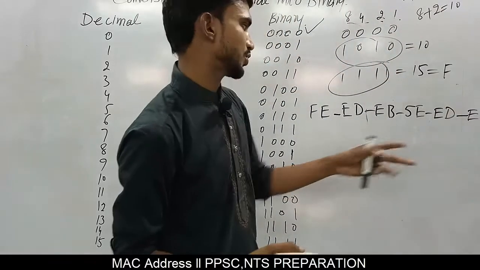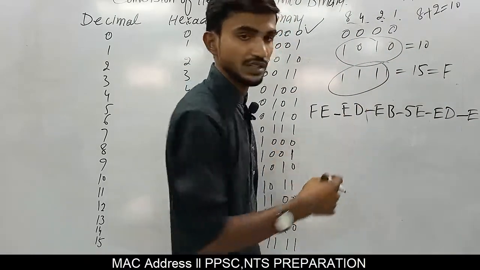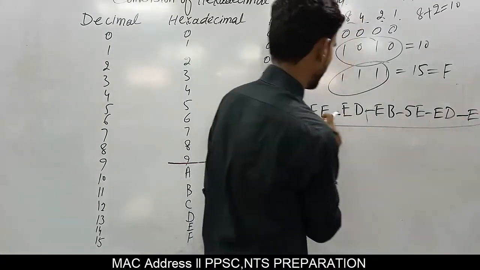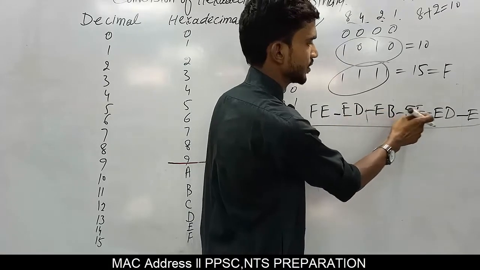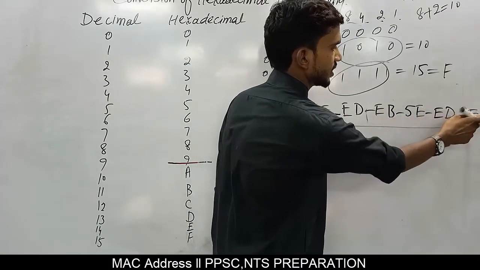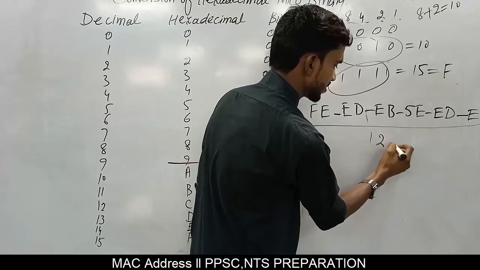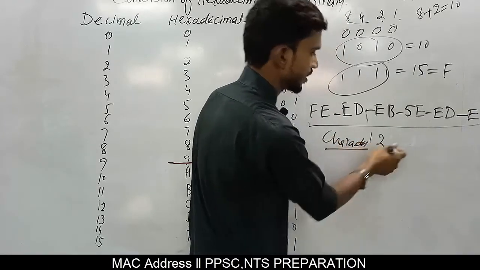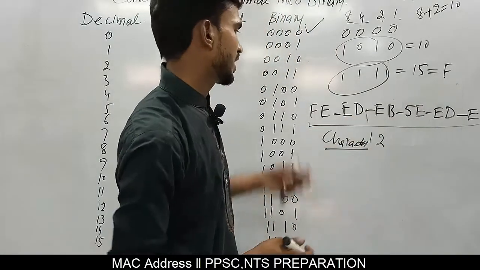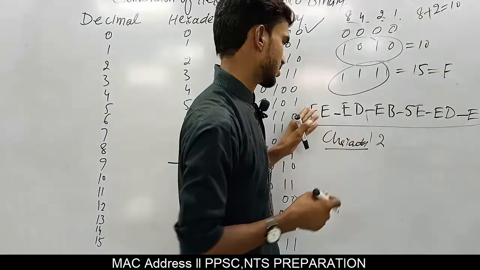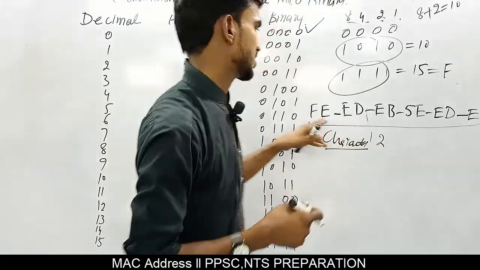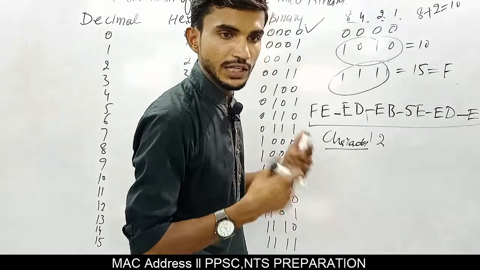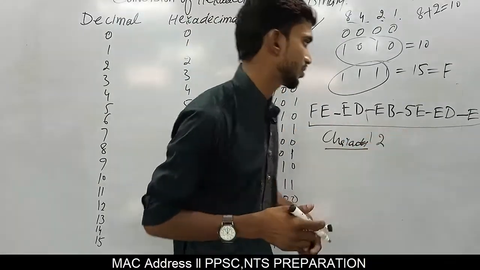Make sure this is the MAC address I have written in front of you. As you know, MAC address basically consists of 12 characters: 1 2 3 4 5 6 7 8 9 10 11 and 12. MAC address in different devices consists of different formats. So make sure this is the MAC address of any mobile, any laptop or a desktop PC.